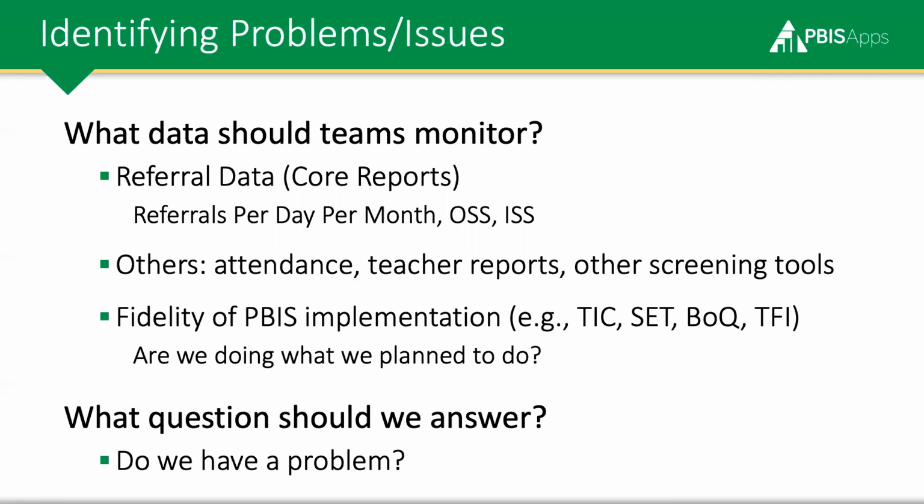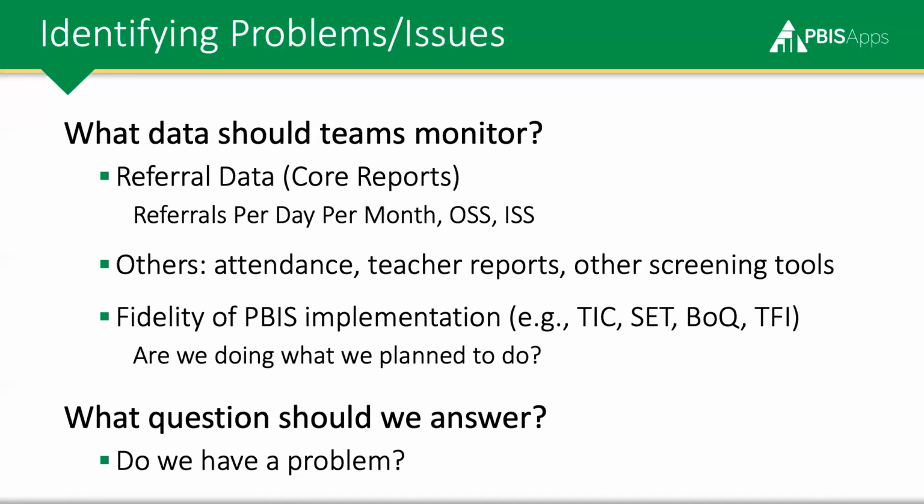We also can look at our referrals per day per month, our OSS, out of school suspension data, in school suspension data. There's attendance, there's teacher reports. We may do other universal screeners. We may have a different universal screener that we're using to identify students in need of higher level supports. Your PBIS team may take the Tiered Fidelity Inventory. Actually, that's where we're going to focus our presentation this afternoon, on the TFI.